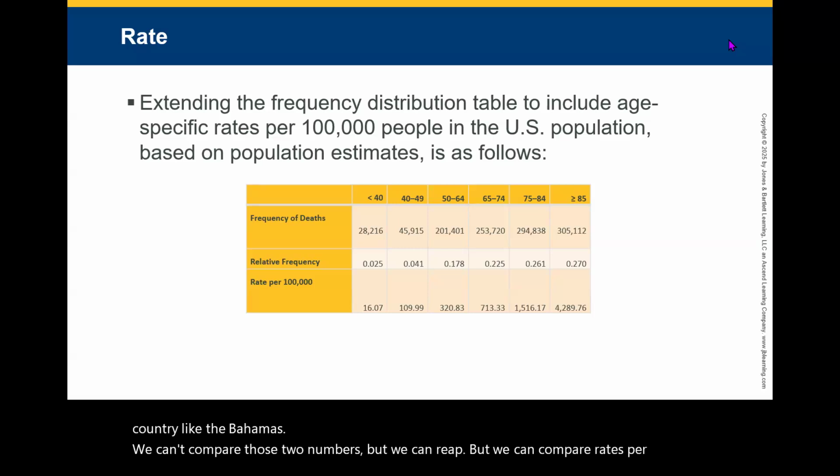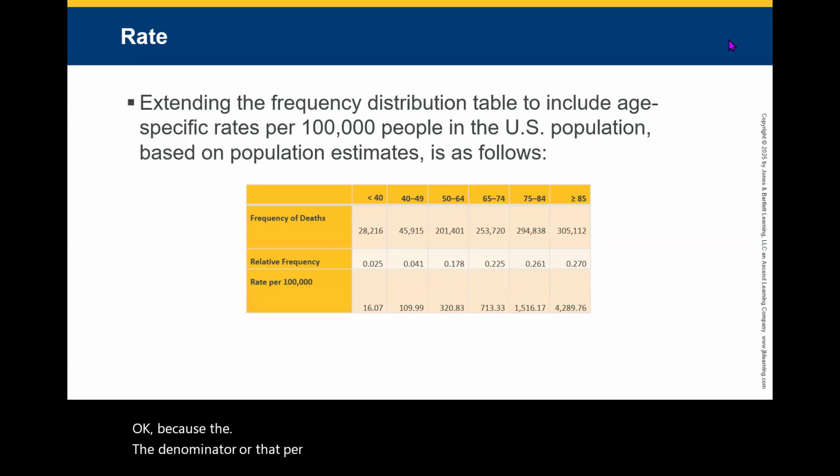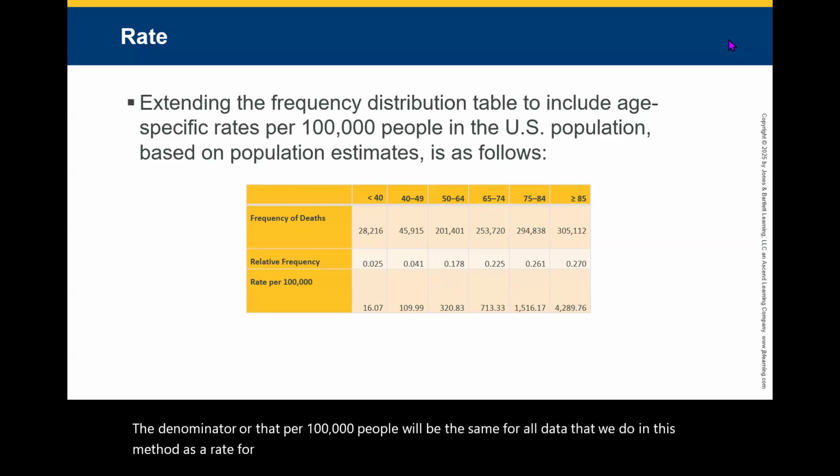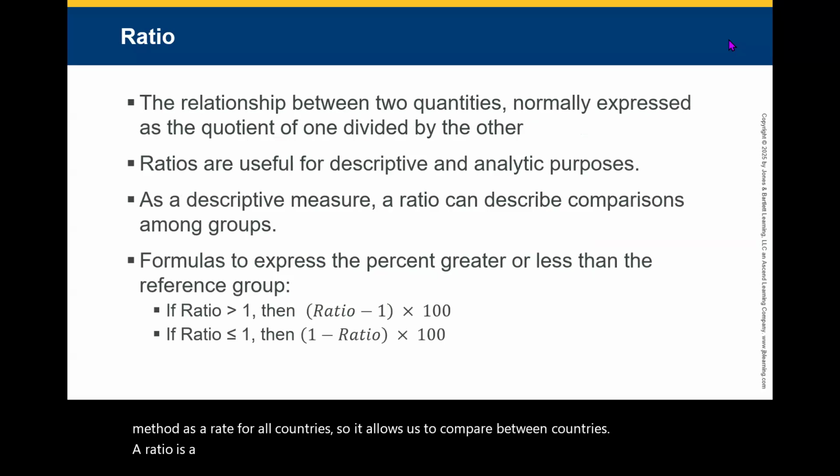Because the denominator, or that per 100,000 people, will be the same for all data that we do in this method as a rate for all countries. So it allows us to compare between countries. A ratio is a relationship between two quantities, and it's usually going to be expressed as one being divided by the other. Okay.